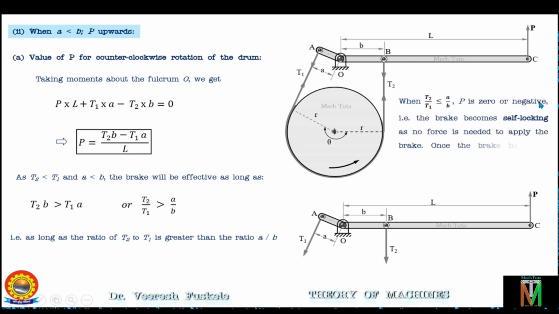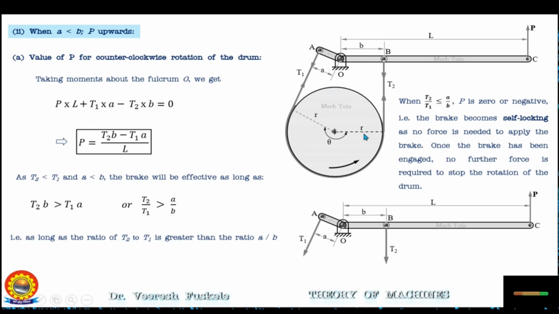That is, the brake becomes self-locking as no force is needed to apply the brake. Once the brake has been engaged, no further force is required to stop the rotation of the drum. So in case A is less than B and P is acting upwards, if T2 upon T1 is less than or equal to A upon B, then this configuration of the brake will be a self-locking brake.